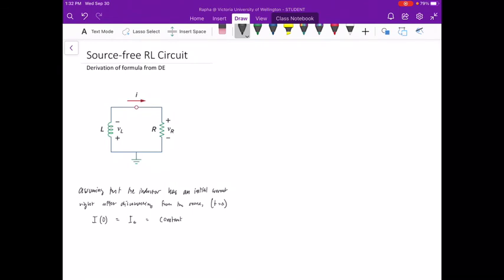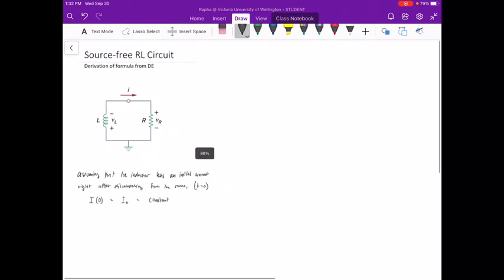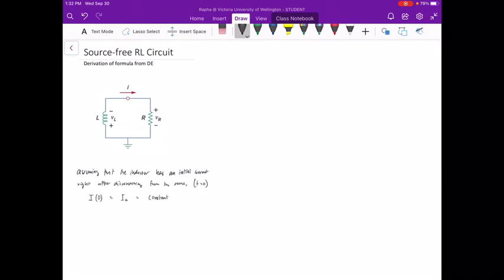So most of the time we will always have an initial value for our current.